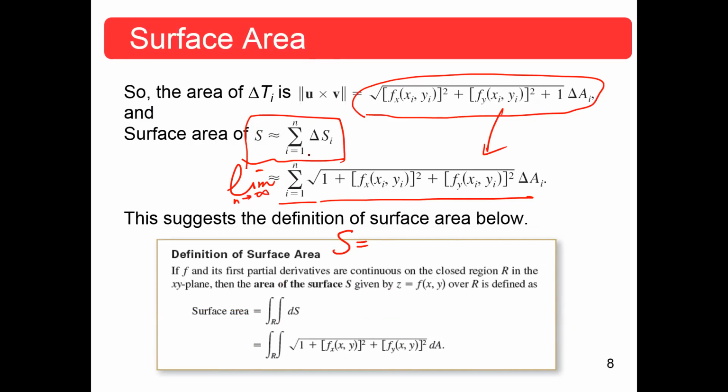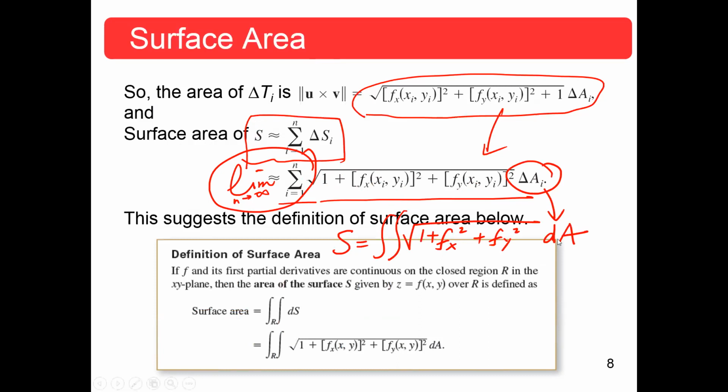So S would be the double integral of square root of 1 plus partial x squared plus partial y squared, and delta A just converts to dA. So we're using the same approach from the Riemann sum to the double integral.